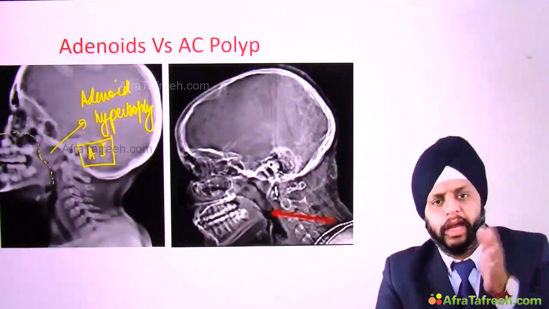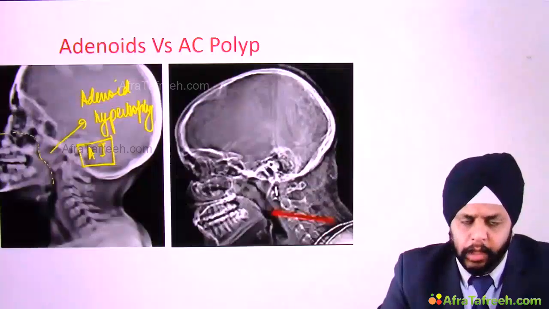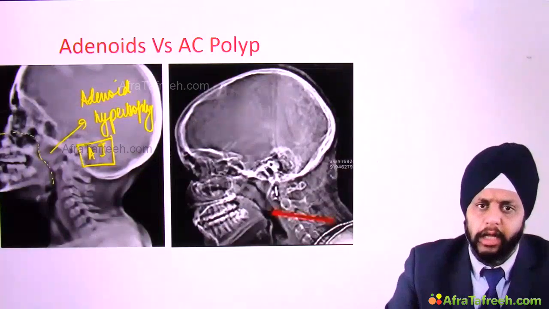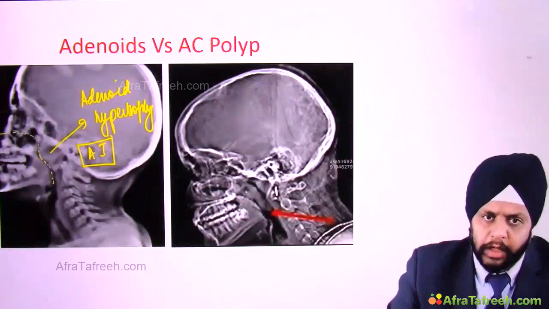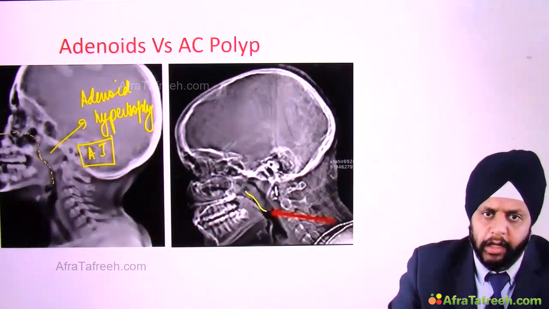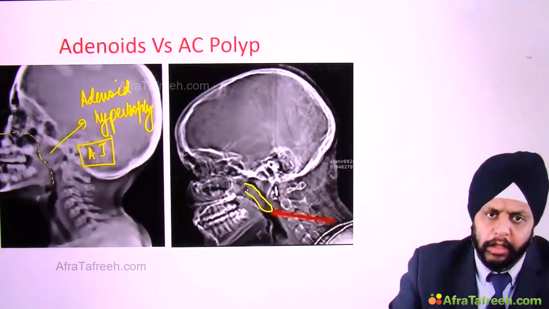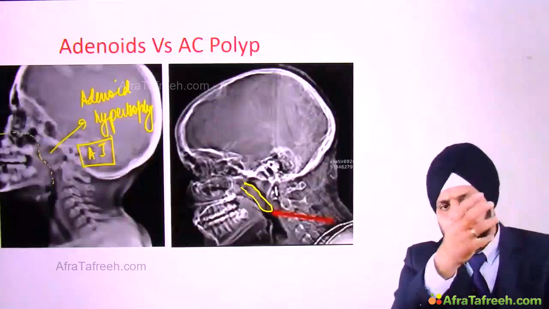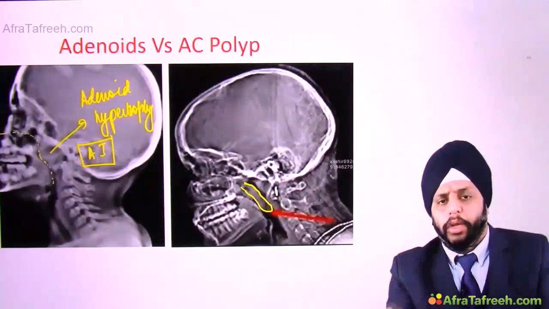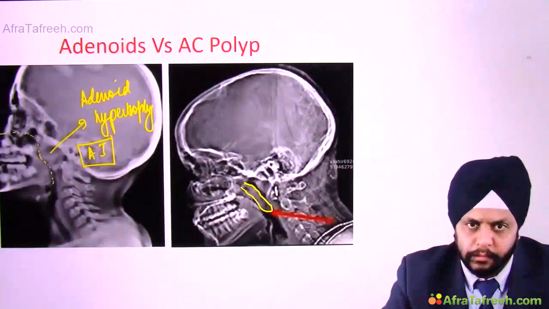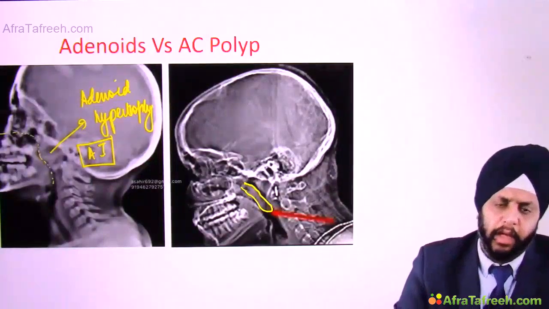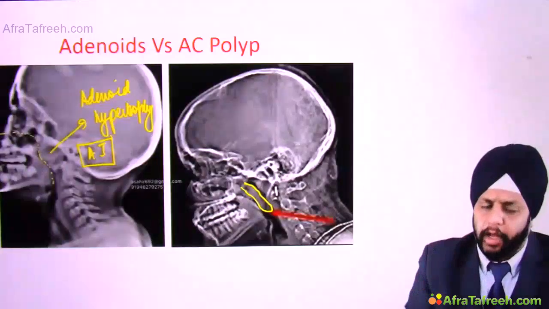Now let's look at the second X-ray. When we look at the second X-ray carefully, we see another mass. I am highlighting this mass: it is coming from the nasal cavity, and you can see that this mass is hanging in the nasopharynx going up to the oropharynx.